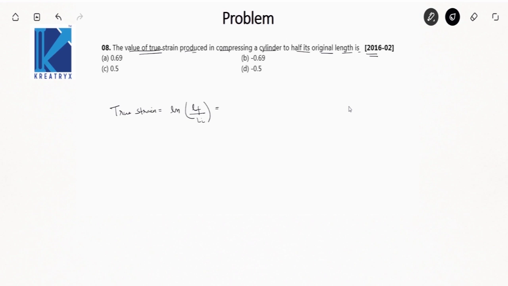They have mentioned that L final is equal to L initial by 2, half its original length. Now putting the value, we get L initial by 2 divided by L initial, which becomes minus ln of 2, which is equal to minus 0.69. So the correct answer is option B.